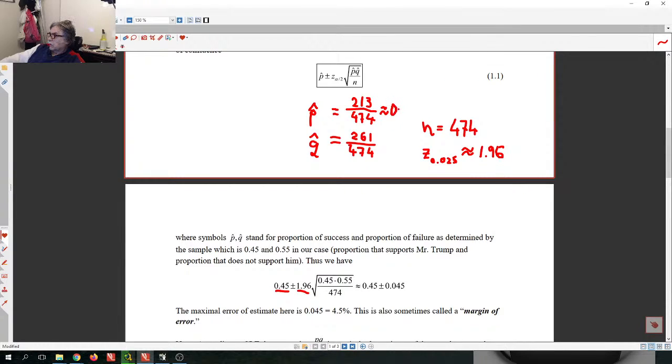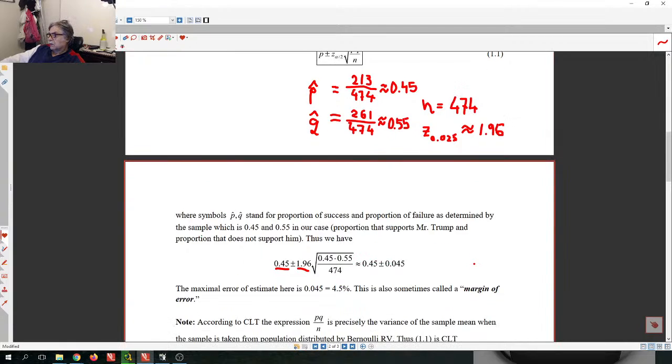So I'm using that number rather than to have multiple fractions, but you might as well use your calculator for all of that. And this one, of course, is 55% also as decimal. So I'm going to put it in the formula, and I'm dividing with the n, which is 474.